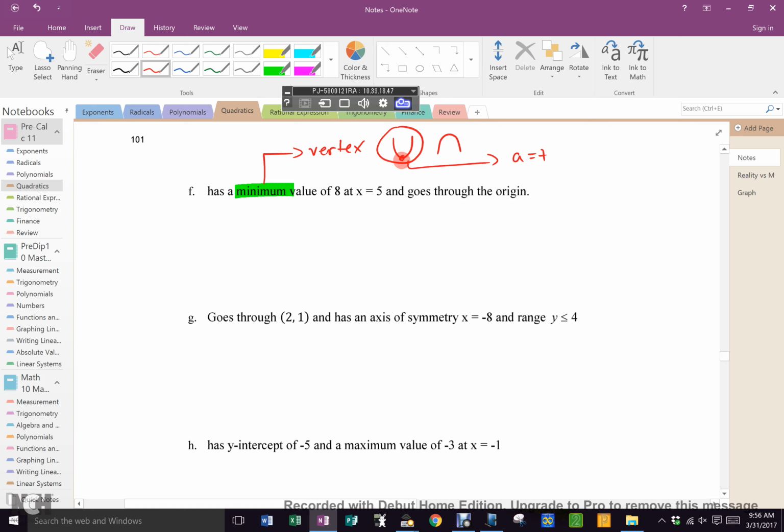So if my minimum is 8, where's the x value? Here's my parabola. We know it's a happy parabola. And we know that wherever I put it, this is 8, right? Oh, I lie. It's not negative. This is 8, yes?